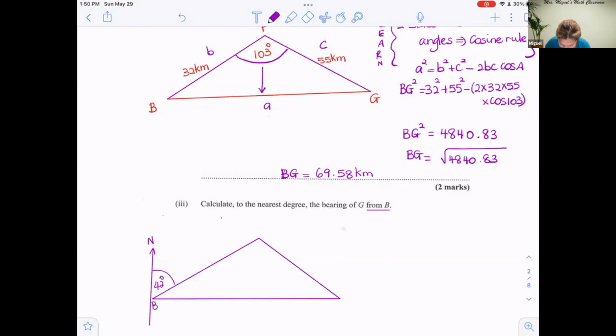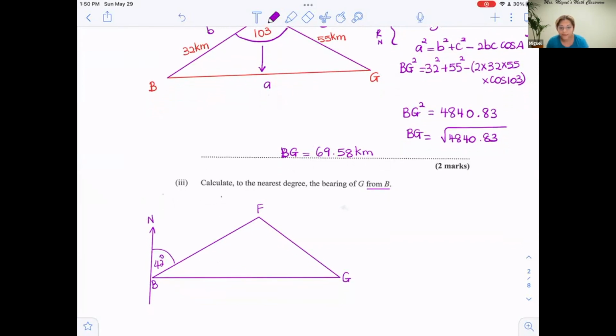This is point B, this is F, this is G. I am going to set up my north line at B. I want the bearing, which is the angle of G from B. So I start to measure from my north line and continue until I reach the line that has G. Do you all see that?